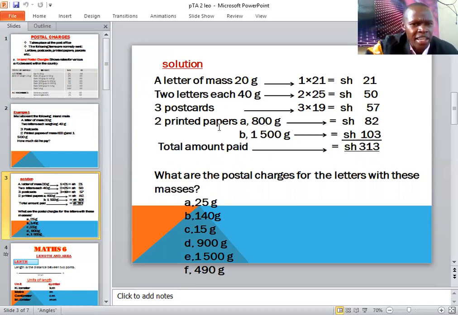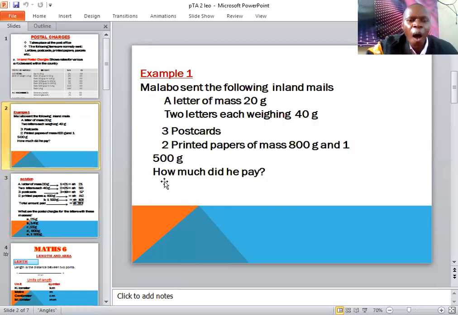2 printed papers. These are the printed papers. One was 800 grams. What was the charge for sending 800 grams? It was 82 shillings. The next printed paper was weighing 1,500 grams. That one we are also going to charge differently. That is 103 shillings. Now, what was our question? How much did he pay?